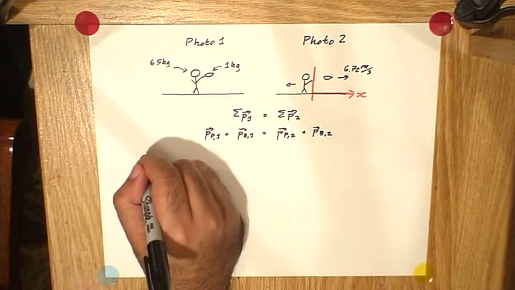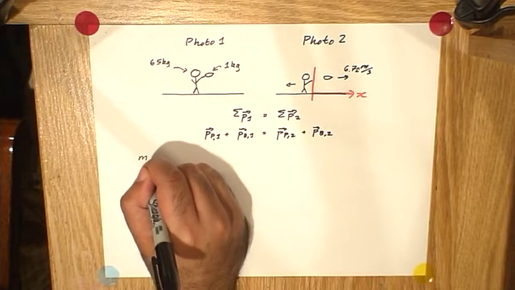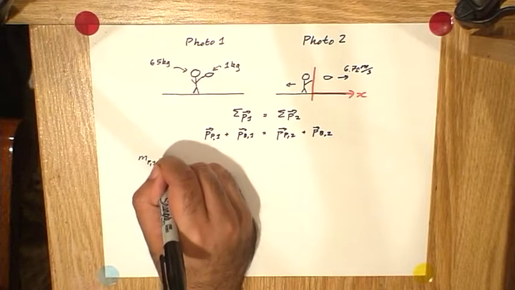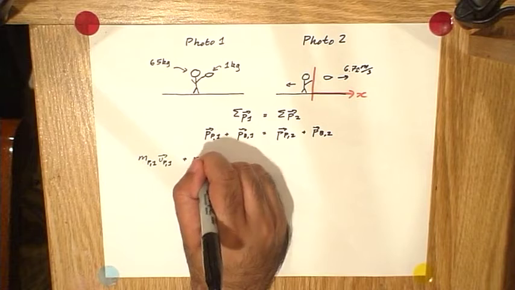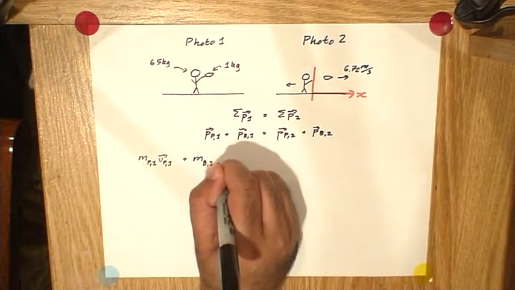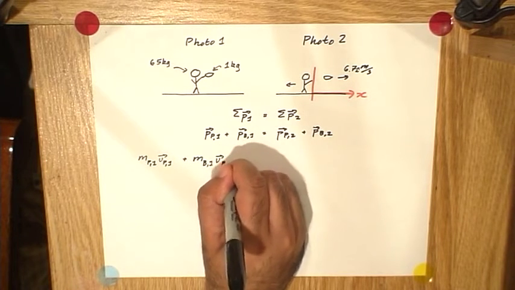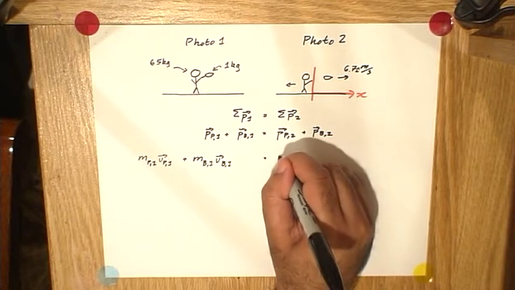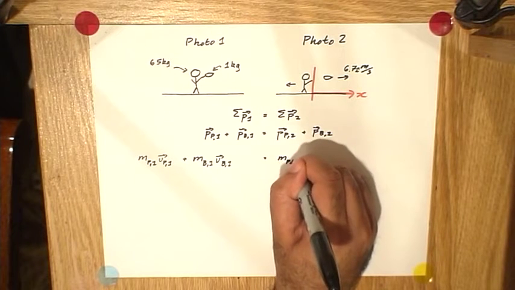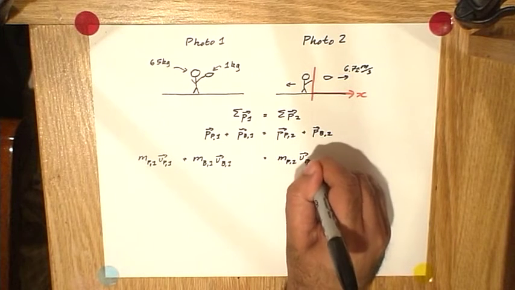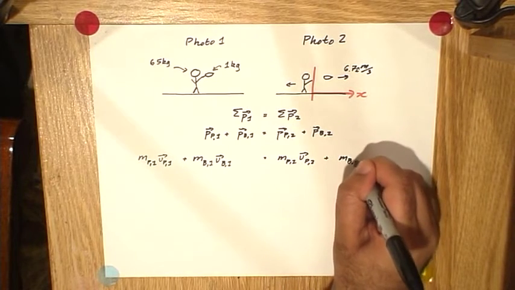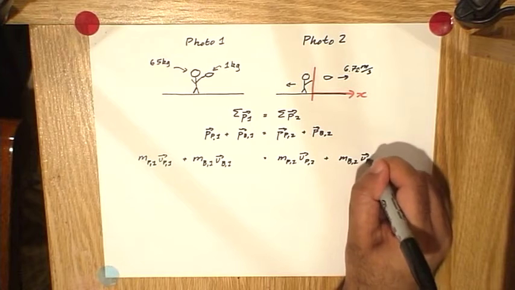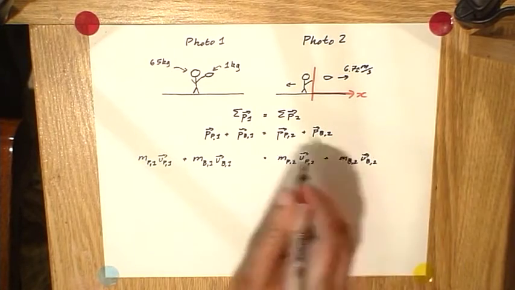Expand it out still further. Mass of the person in 1 times velocity of the person in 1 plus mass of the ball in 1 times velocity of the ball in 1 is all equal to mass of the person in 2, velocity of the person in 2, plus mass of the ball in 2, velocity of the ball in 2.